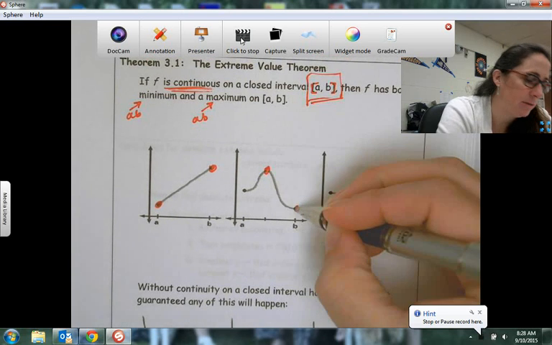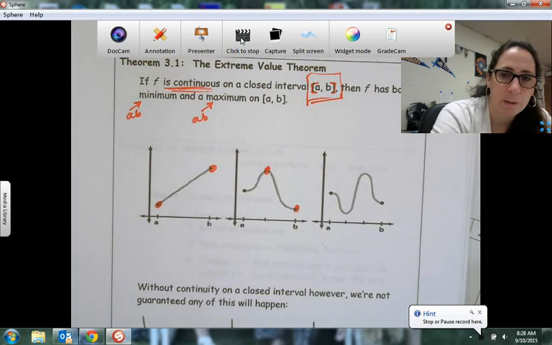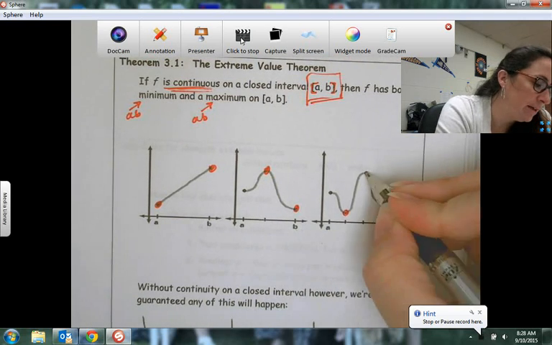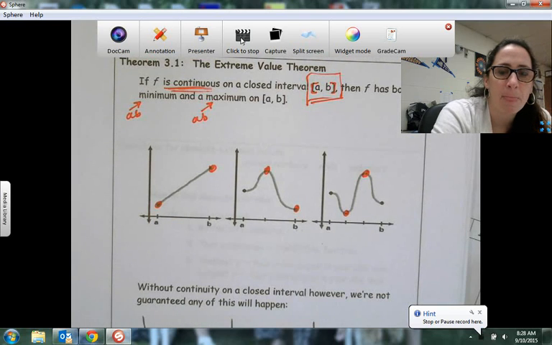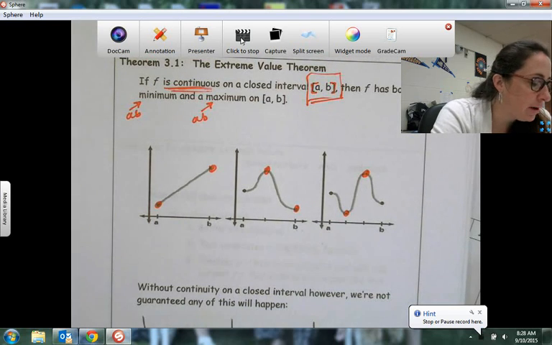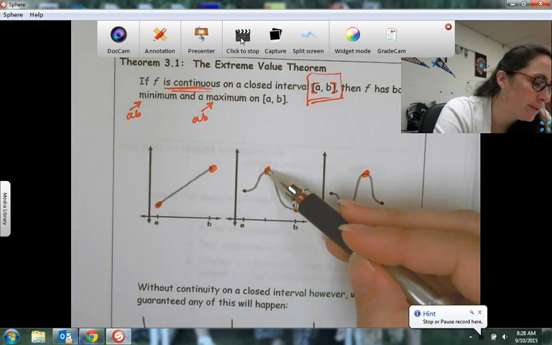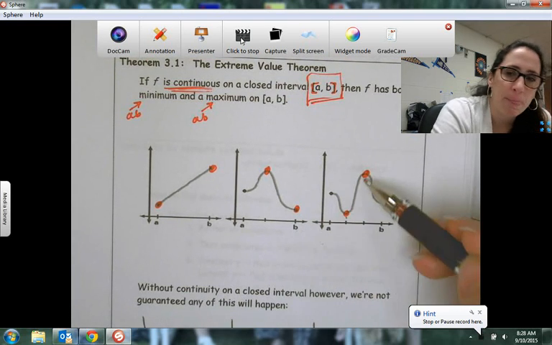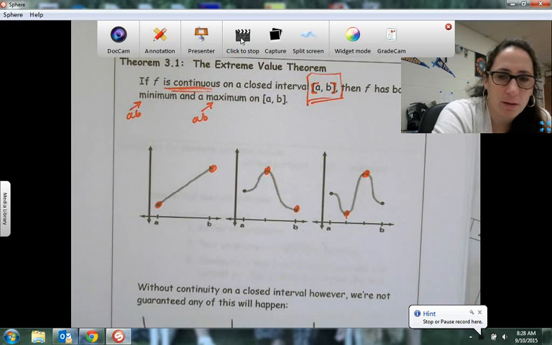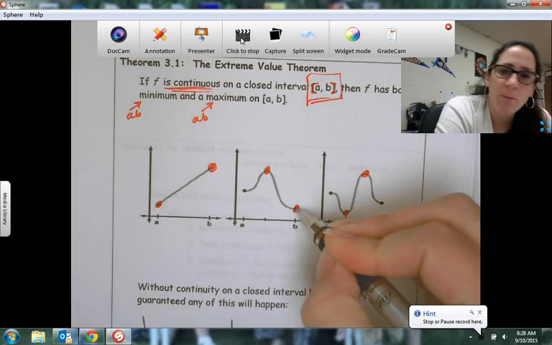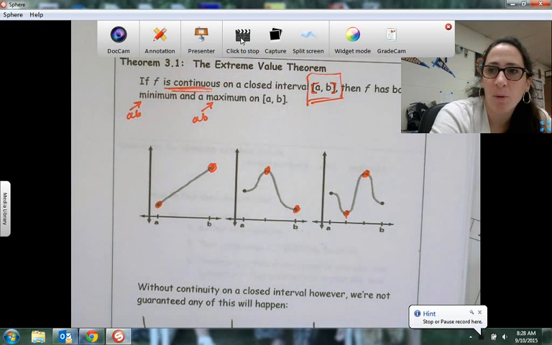So can you think of a graph that's continuous and it's on a closed interval a to b? Can you maybe just kind of think of one from a to b where you wouldn't have a max or a min? The one that I would challenge is maybe it looked like that.